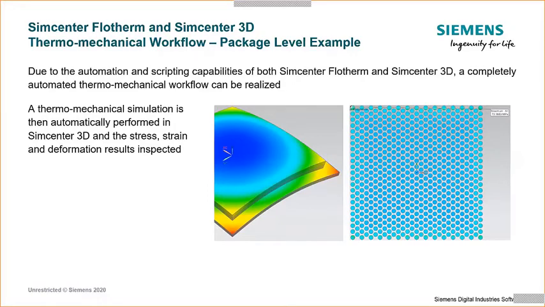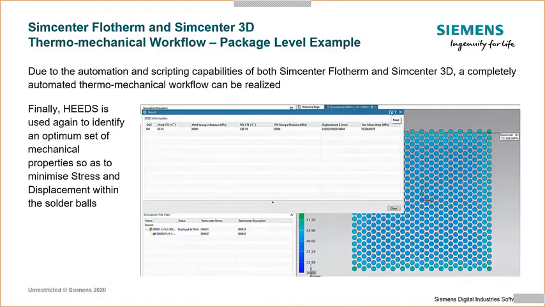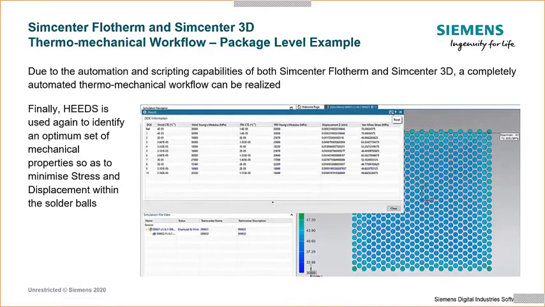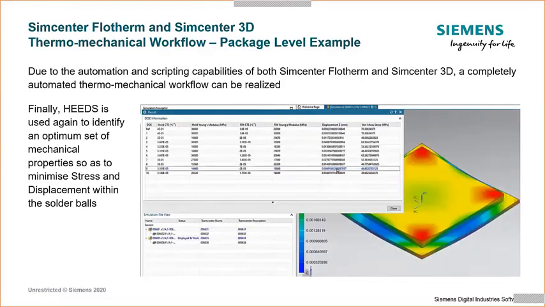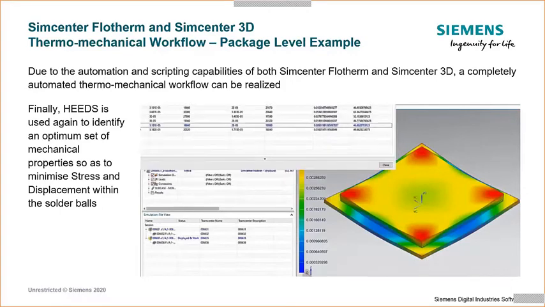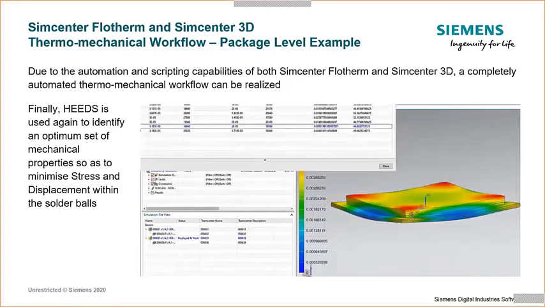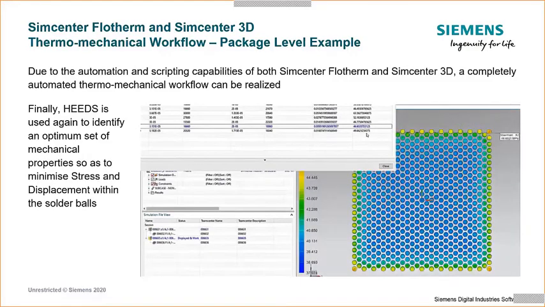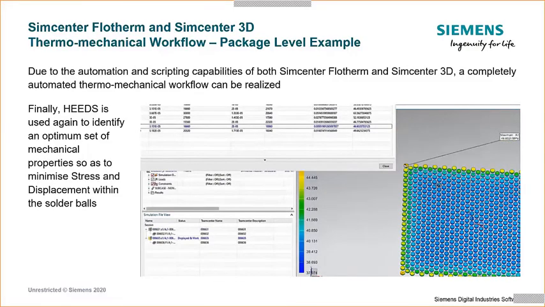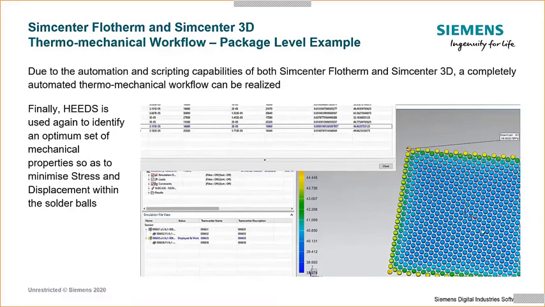Okay, the final part is again involving HEEDS being invoked, this time in a live UI mode. And then HEEDS is used to identify an optimum set of mechanical properties so as to minimize stress and displacement within the solderables, doing multiple thermomechanical simulations with the temperature results from Flowtherm. And then the displacement results for the optimum computational experiment can be viewed.